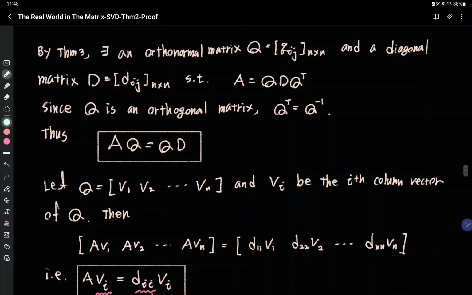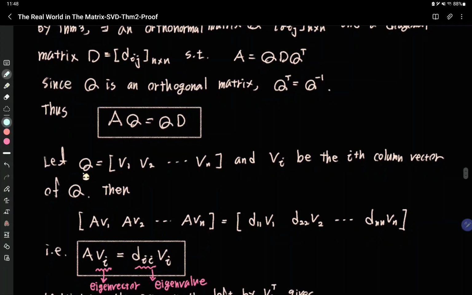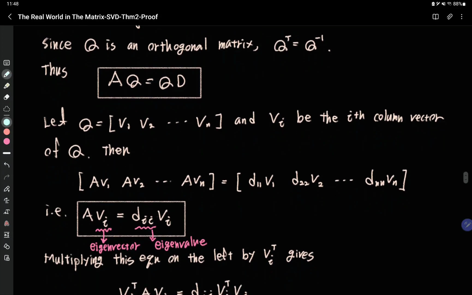If we say that Q is v1 through vn, expressed as column vectors, then vi must be the ith column vector, which is an orthonormal eigenvector of matrix A. Then A Q can be expressed as A v1 through A vn.